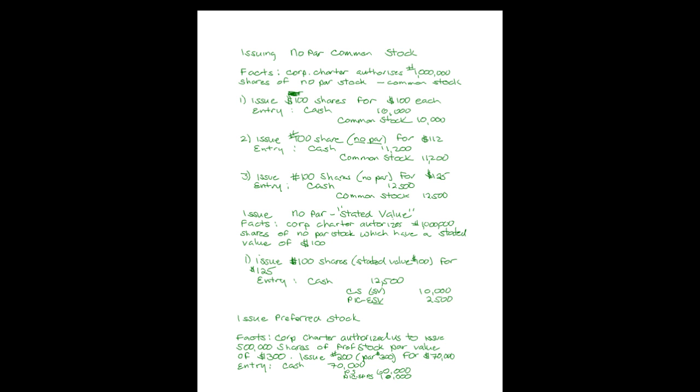So one more quick thing I want to do with you. I want to learn to issue stock, let's go back to common stock, but it wouldn't matter what kind I was looking at, where we don't issue it for cash, but we kind of trade it for something else. Let's get some facts going. Here are our facts.